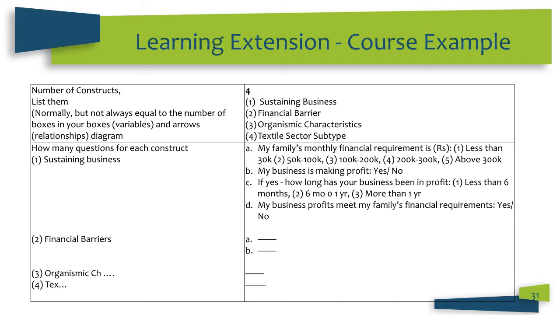One thing that I like to emphasize here is that the construct is normally that box in your box and arrows diagram. So every variable is a construct, but not always. In some cases, people divide a single construct into multiple variables.